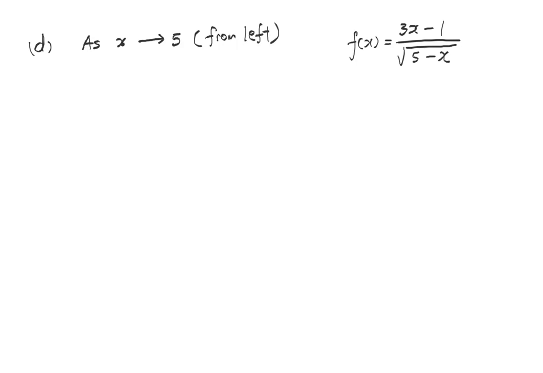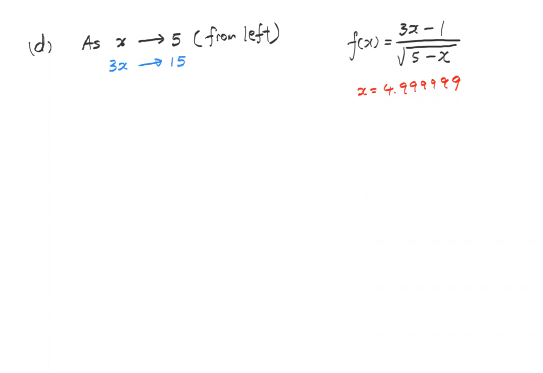So what x value will I choose? I will choose x equal to 4.999999. How many 9s you want to put is up to you. Correct? So you tell me what will happen to my 3x? It will approach very near 15, but less than 15.